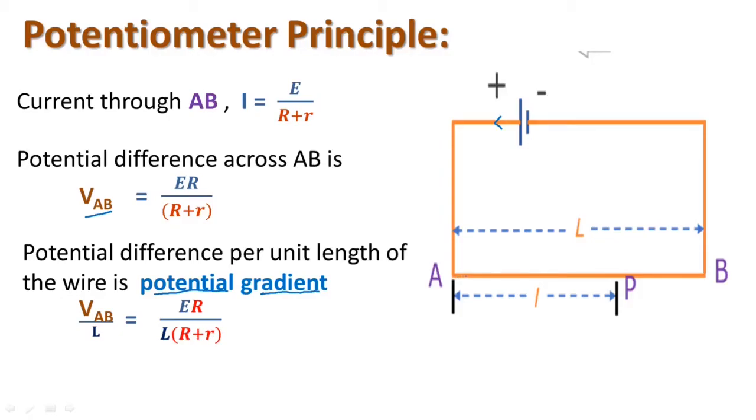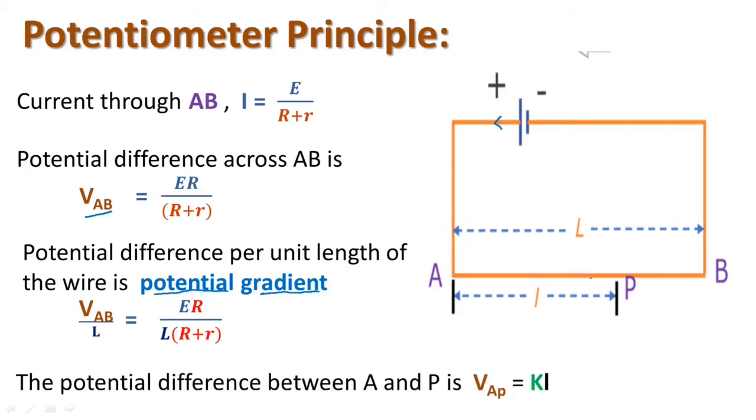Let us consider the point P on the wire. On the wire AB, consider a point P. Potential difference between A and P is supposed to be VAP, and that is equal to KL.